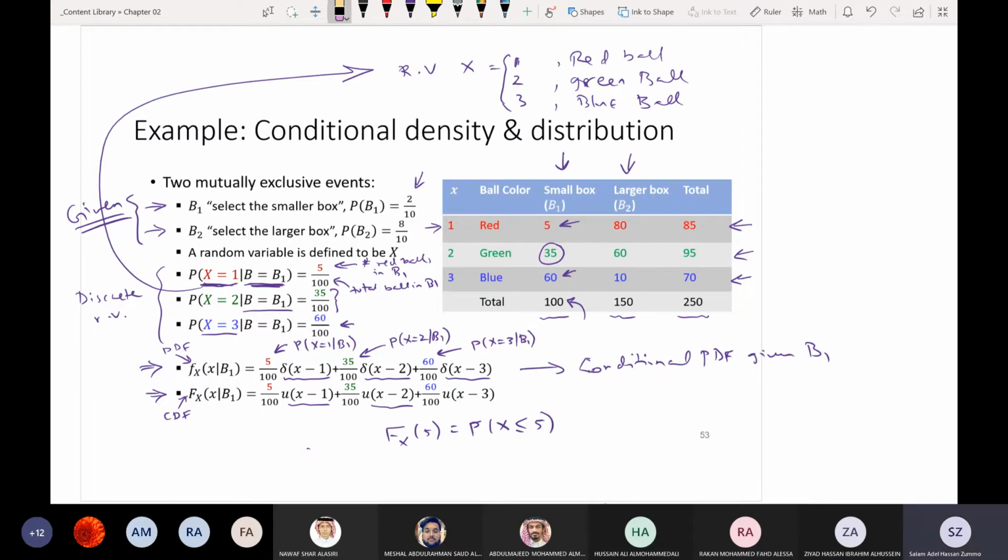So basically, this is the conditional PDF or CDF given B1. Similarly, we can find the conditional PDF given B2. What do you think?